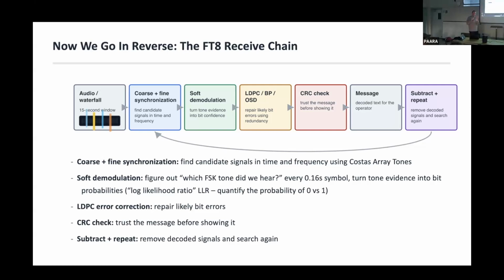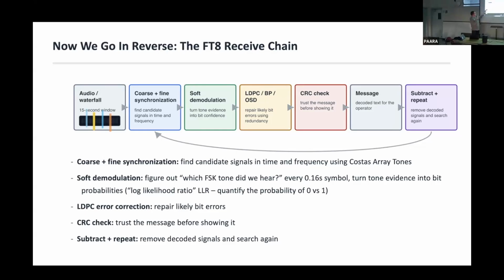You have to have an alignment of within maybe 10 or 20 milliseconds in time, and maybe 2 hertz or so in frequency before things start to degrade. So it has to be precise, and it's all got to happen fast.